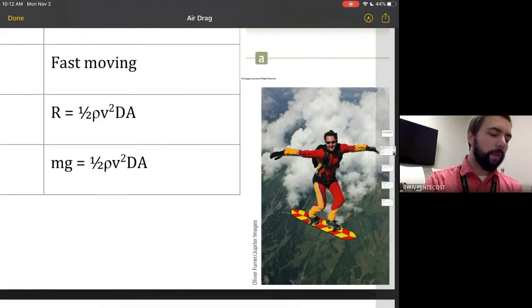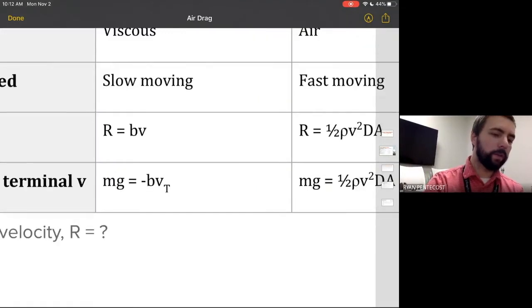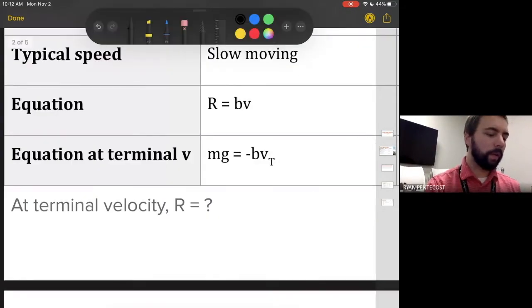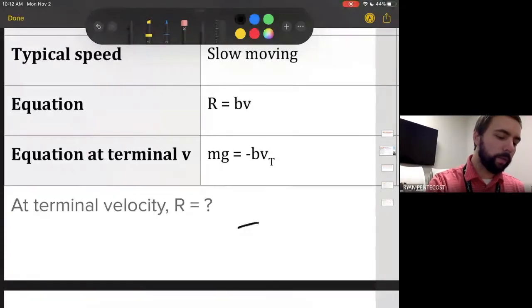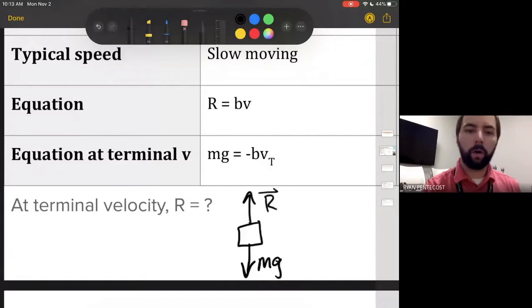So that means if we come over here, we'll skip down to this question below the table: at terminal velocity, R equals what? Well, let's say we've got an object. The forces acting on the object are mg, and then there is a resistance R. Well, at terminal velocity, if you're no longer accelerating, you can think of this in terms of Newton's first law, right?